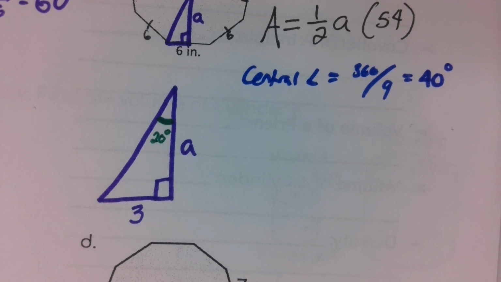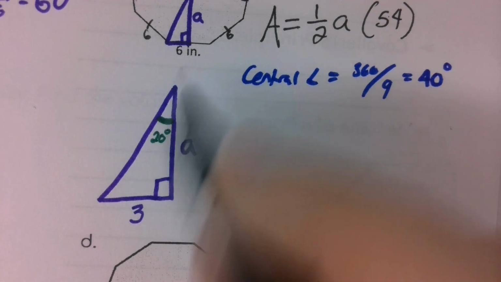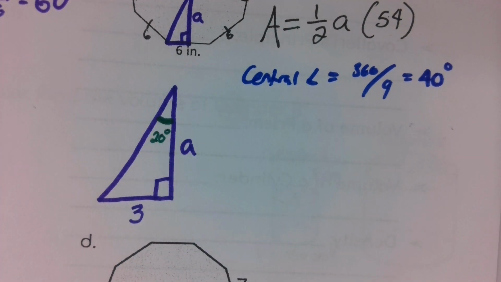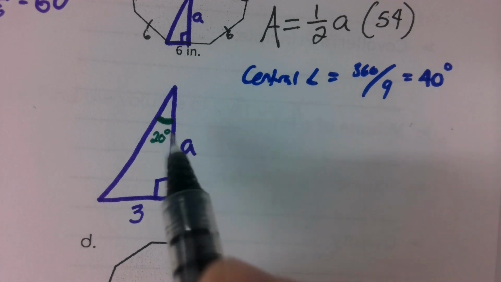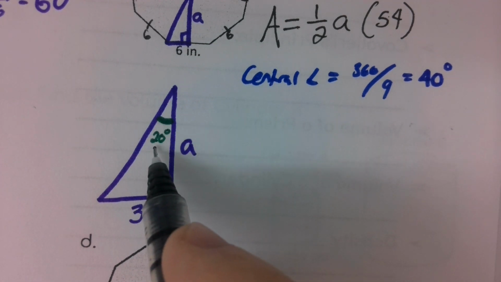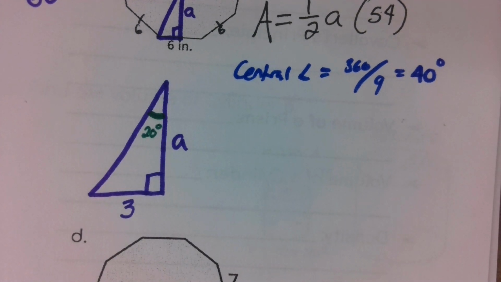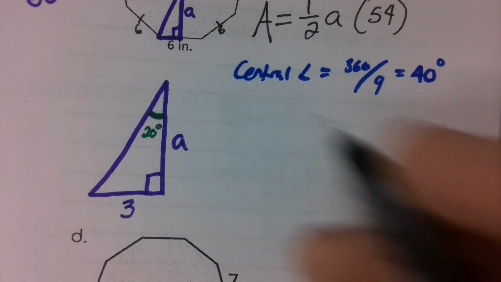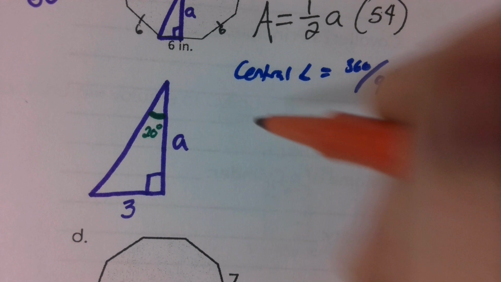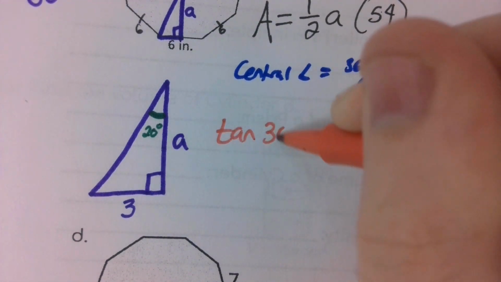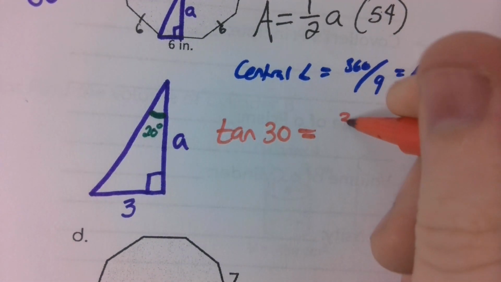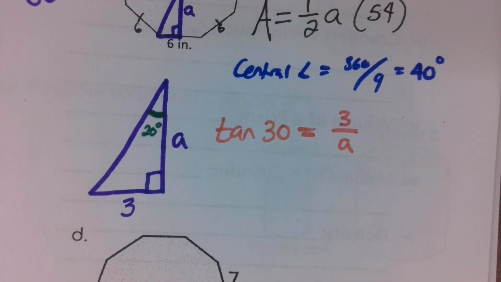Again, to find this A value, we have to use trigonometry. So let's look at this angle and see what information we know. We know the angle. We know the opposite side is 3, and the adjacent side is A. Opposite over adjacent is just tangent. So we can say the tangent of 30 equals opposite is 3 over adjacent, which is A. To solve this, then, we just have to be a little creative.